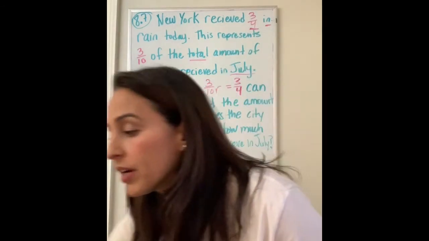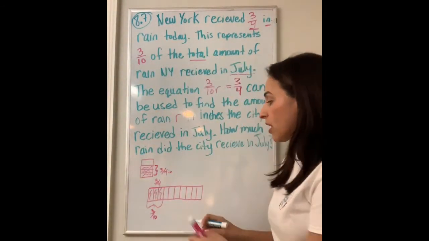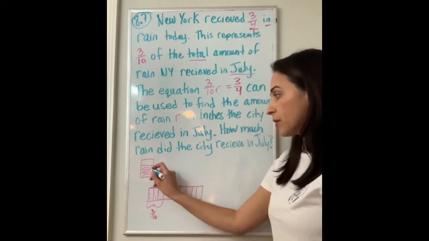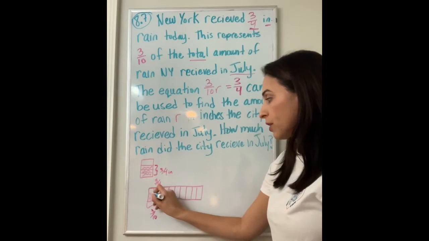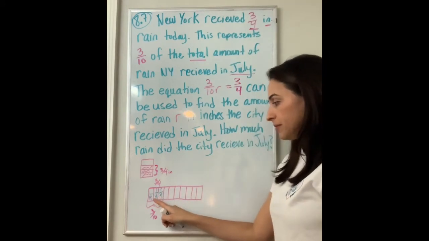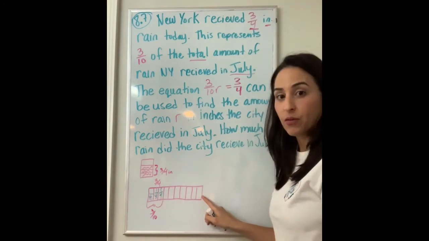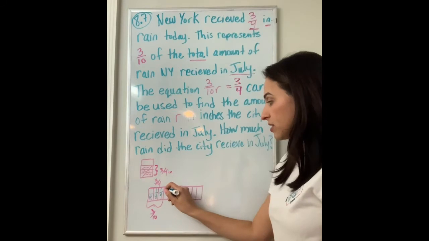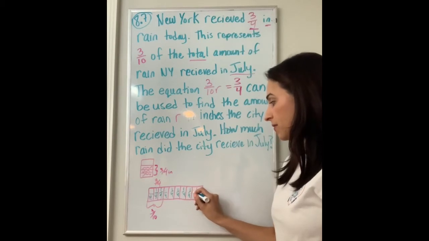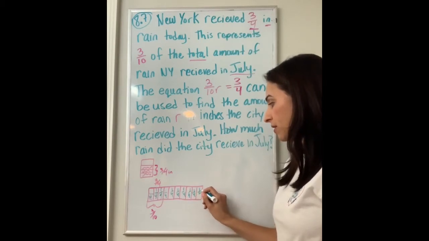So we're gonna talk about the answer right now without really solving it with the equation. 3/4 cut into 3 parts means that 1/4 is this. This is 1/4 of rain. That's a little itsy bitsy bit of rain. How much rain would I have total? Well, if I know this is all 1/4, I could keep filling it out. 1/4, 1/4, 1/4, 1/4, 1/4, and 1/4.